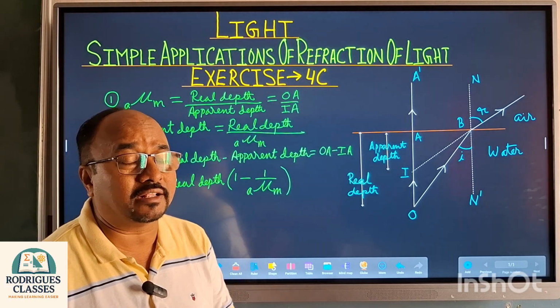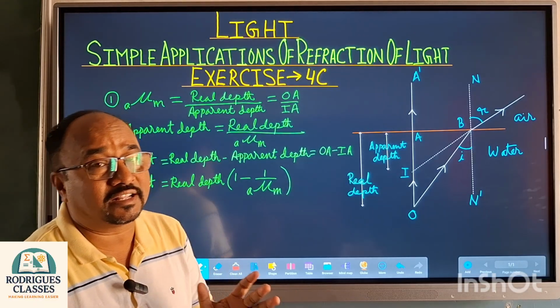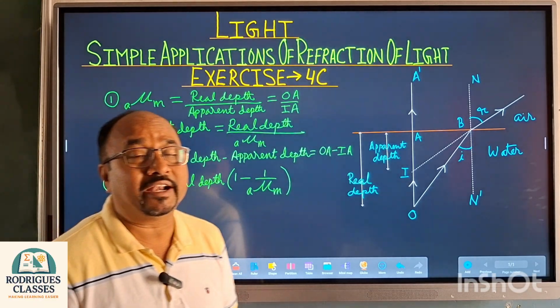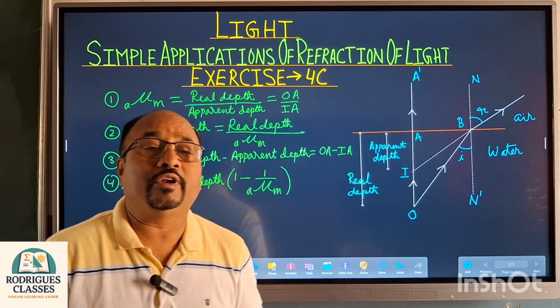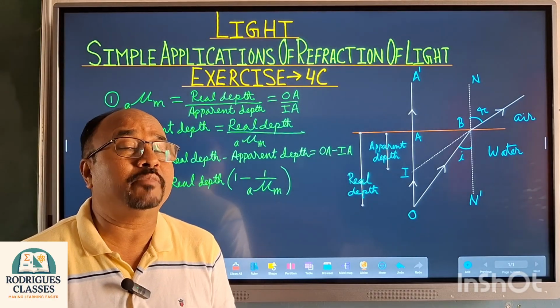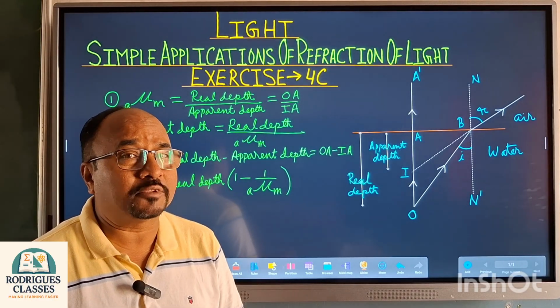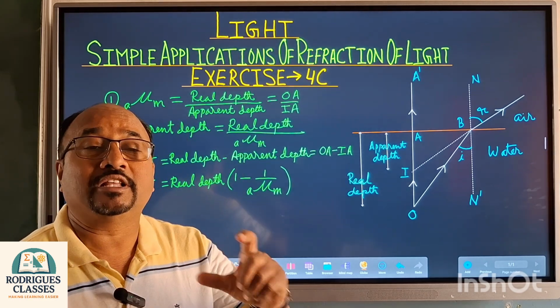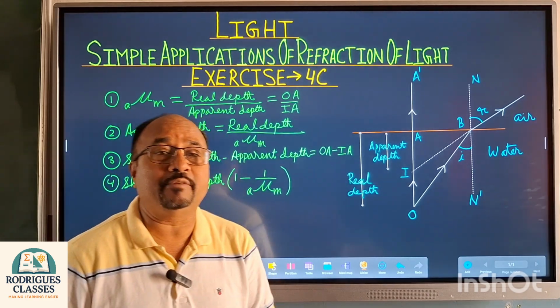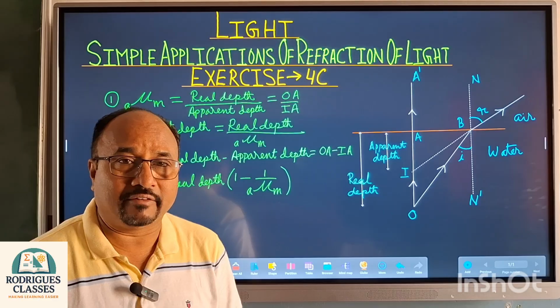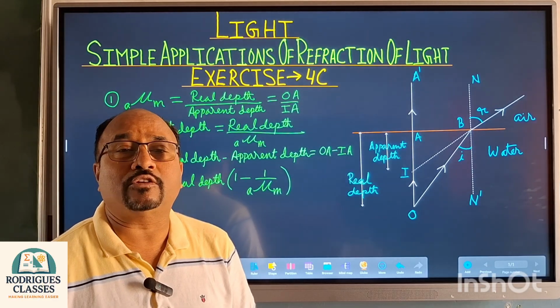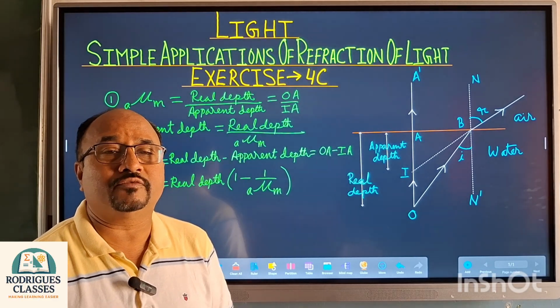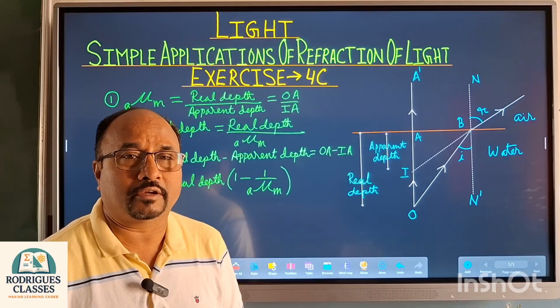In the numerical, you have to be clear whether the shift or the apparent depth is given, and calculate accordingly. Again I repeat, apparent depth is inversely proportional to the refractive index, but the shift is directly proportional to the refractive index. Now we will proceed to work out a few numericals on this topic.